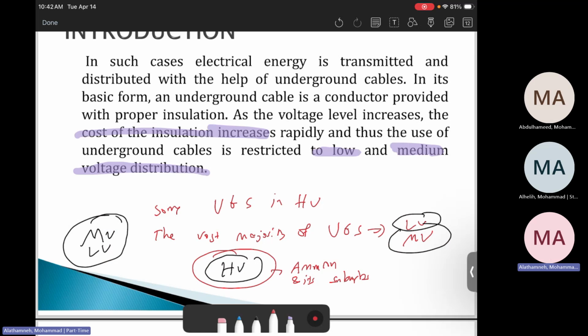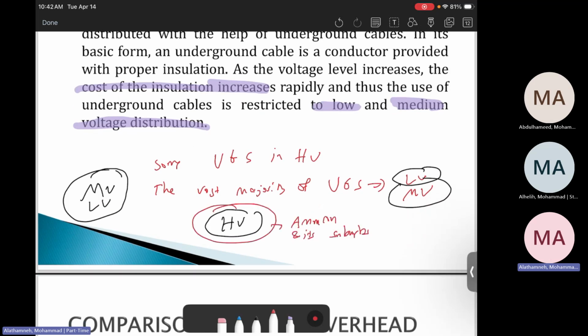But when you go outside of Amman, for example, let me talk about Irbid. There are no underground cables in Irbid, except one line close to the city center, I think around 2 kilometers of underground cable. So there will be overhead, then it will start directly to be underground cables for around 2 kilometers to go to the substation.